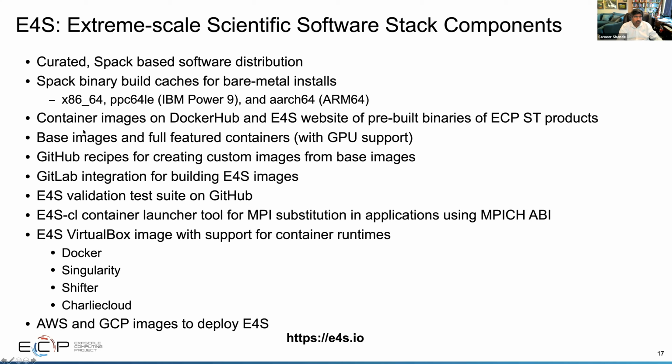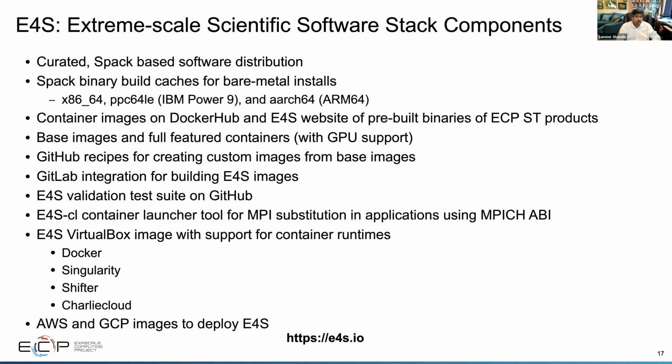We want to support container images on Docker Hub as well as the E4S website of pre-built ECP ST products. We have both base images and full-featured containers with GPU support. And I mean support for Intel, AMD, as well as NVIDIA GPUs.